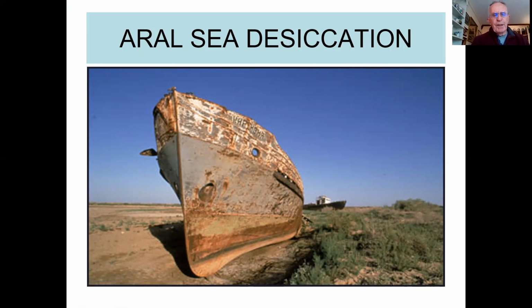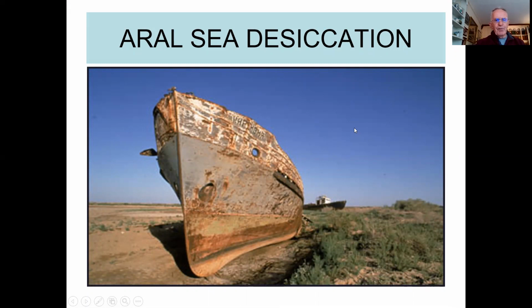But again, humans have played a role, and we get increasing desiccation of some lake basins because water flow into them has been reduced by the construction of irrigation systems, dams, and reservoirs. And the most famous example of this, known to you all, is the desiccation of the Aral Sea in Central Asia.